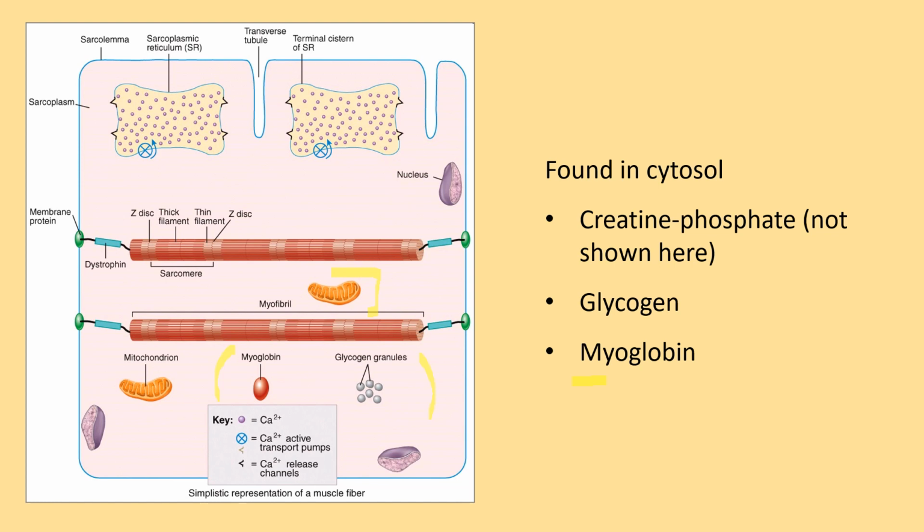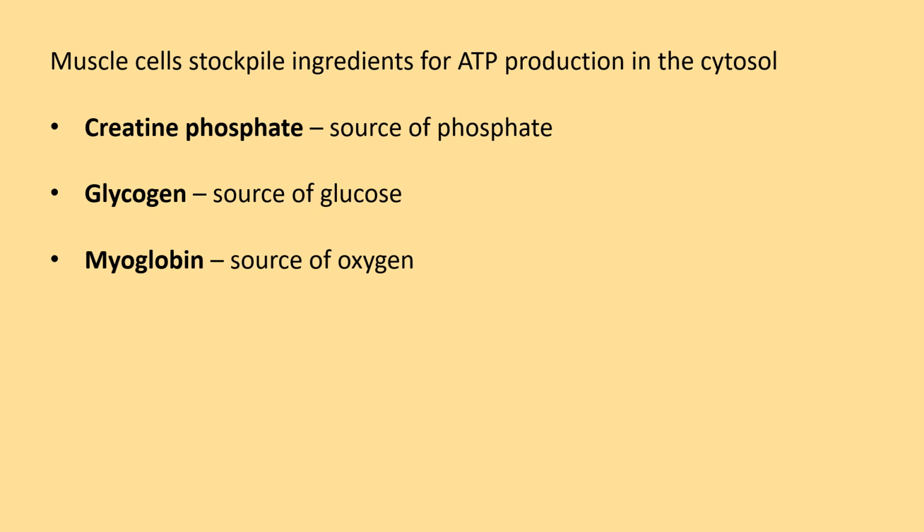It's very similar to hemoglobin, and it can temporarily store oxygen molecules inside the cytosol of a muscle cell. Uniquely in muscle cells, the ingredients for ATP synthesis are stockpiled or stored in the cytosol. Creatine phosphate is the source of phosphate, glycogen is the source of glucose, and myoglobin is the source of oxygen. And these are unique to muscle cells.